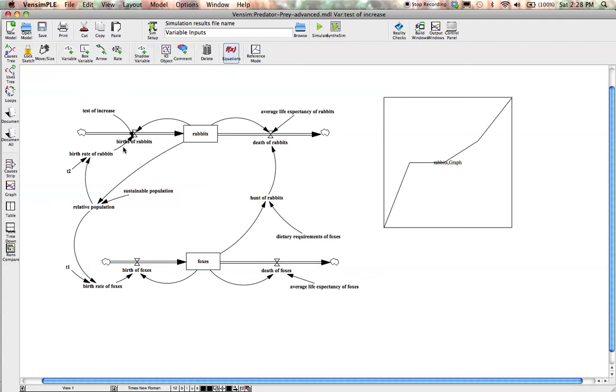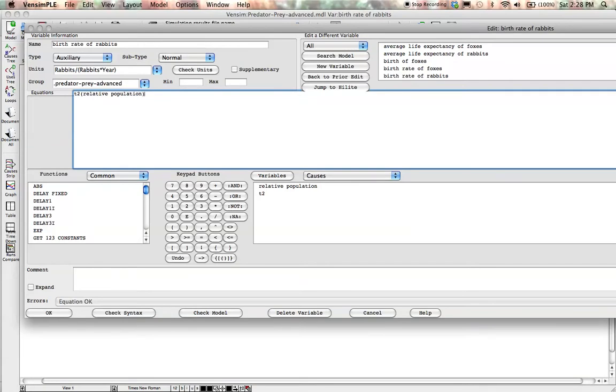Now, the other thing you notice is that the birth rate of rabbits is now given as something that's referred to as a lookup table. You will see that there are two variables. There's a variable called relative population, which we'll discuss in a second, and then there's a notation I use, table 2.